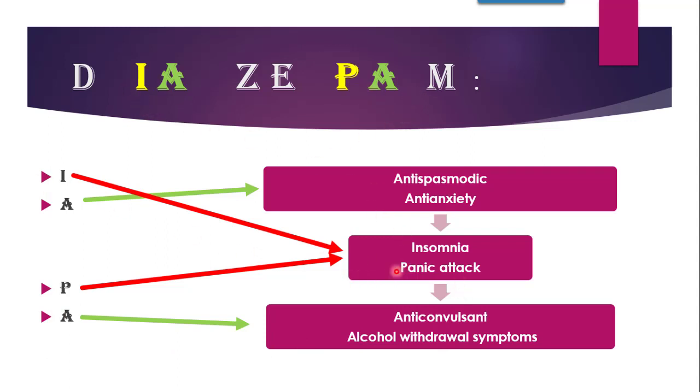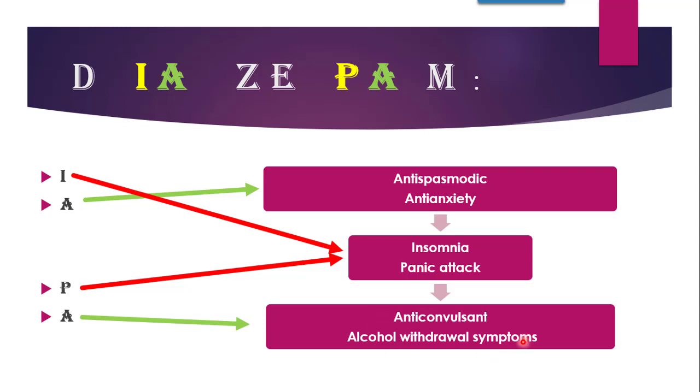I at the center, P at the center. From I it is insomnia, from P it is panic attacks. Then from A it is antispasmodic, which is again a very important activity, along with anti-anxietic, which is the major activity. Then from the second A it is anticonvulsant and alcohol withdrawal symptoms.